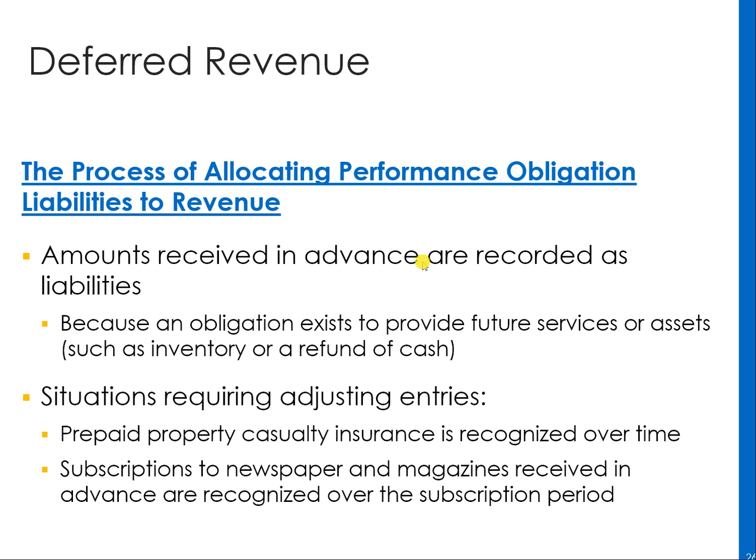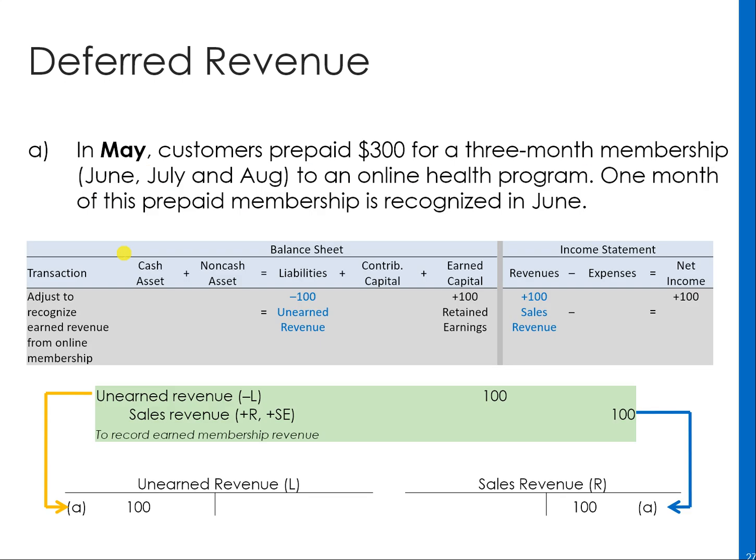Deferred revenues. If we have received cash in advance, it will be recorded as a liability because we haven't provided any service or sent any goods yet. Now, this period, if we have provided service or sent products, we're going to start to recognize those revenues. For example, in May, a customer prepaid $300 for 3 months of membership.